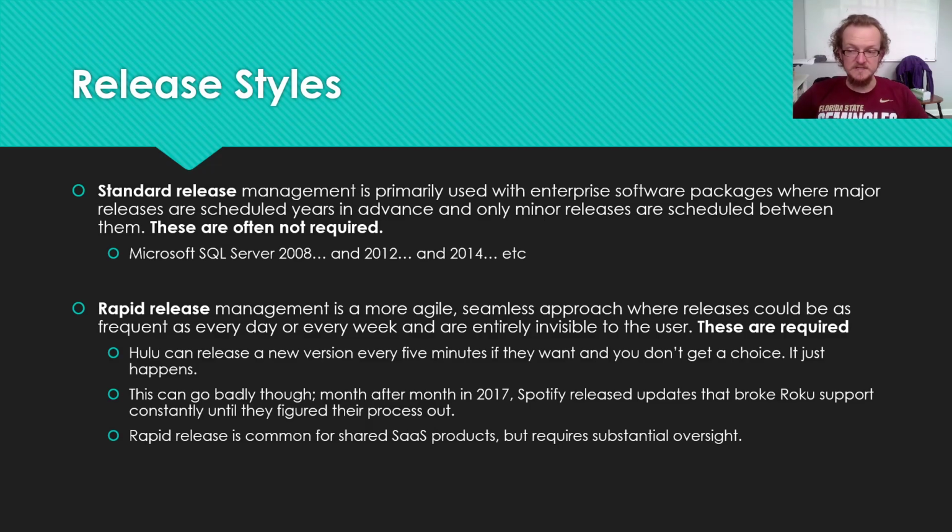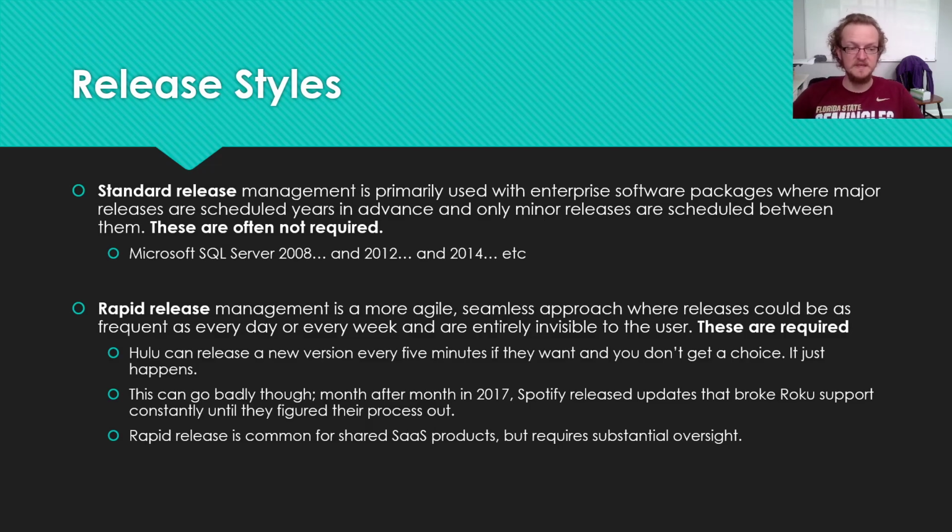So rapid release is really focused on getting as few fixes out to the published production code as fast as physically possible. How this usually works is there's an automated process behind the scenes, and it seamlessly rolls the latest and greatest code into whatever is published day over day, or half hour over half hour, or week over week, or whatever.